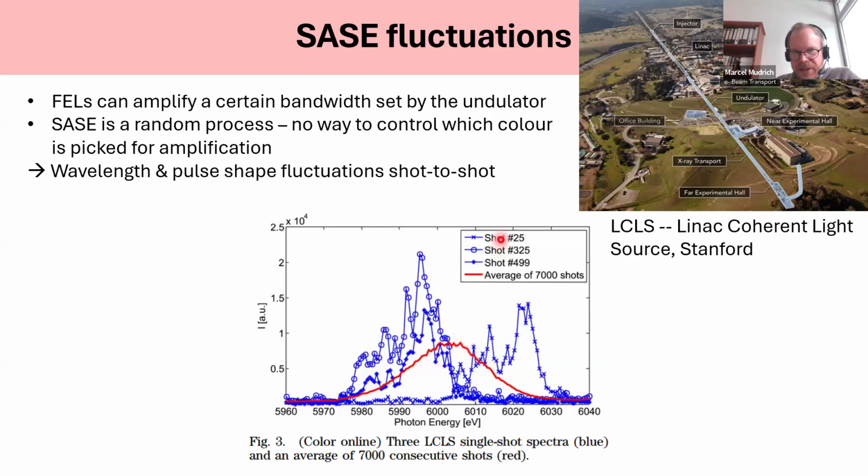So you can see three randomly selected spectra of SASE pulses, and you can see that every spectrum looks very different and is extremely spiky and noisy. But this is exactly the characteristic of this SASE mode, and it's a consequence of this random stochastic emission process that starts the coherent amplification in the undulator out of the noise.